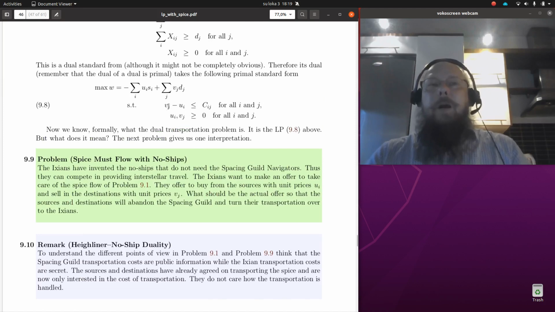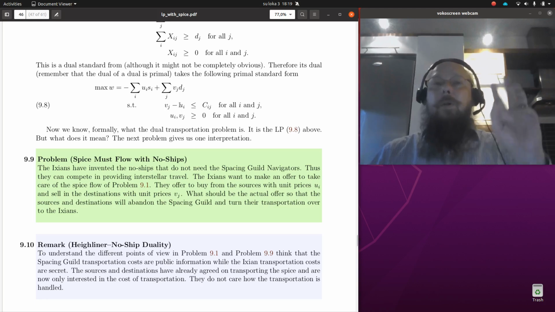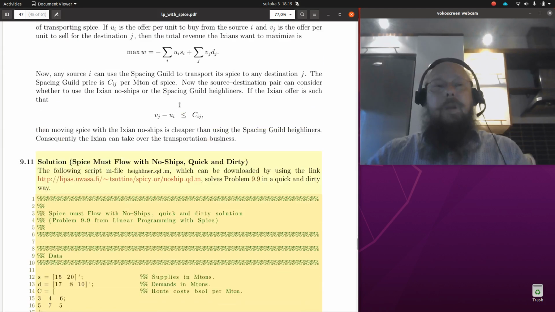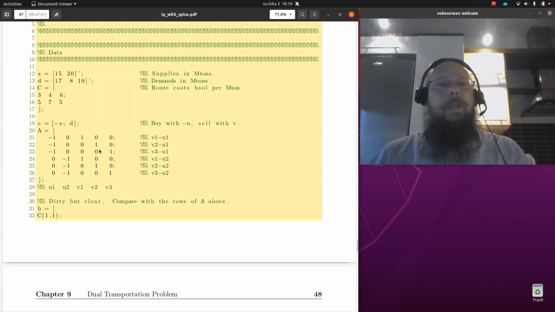So I have to have plus 1 for Vj and minus 1 for Ui for all the possible pairs of i and j. And this is what happens here. So this is the matrix. There are 6 of them because there are 6 constraints. Remember, there were 6 decision variables in the primal, so you expect that there are 6 constraints in the dual.